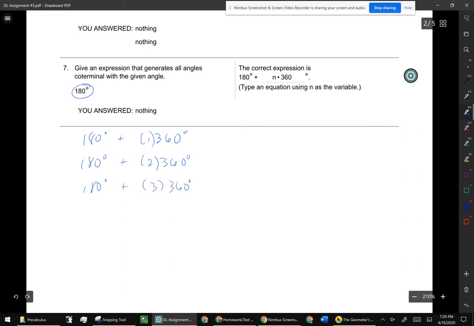If you want to list all of them, you would just keep going forever. So instead of writing it forever, you would just say this is 180 degrees plus n times 360, where n can change between 1, 2, 3, 4, 5, 6, and it would represent all of these, right? Okay, that's 7.